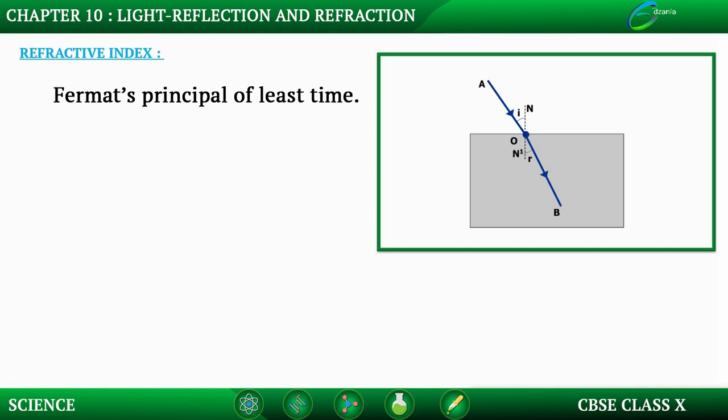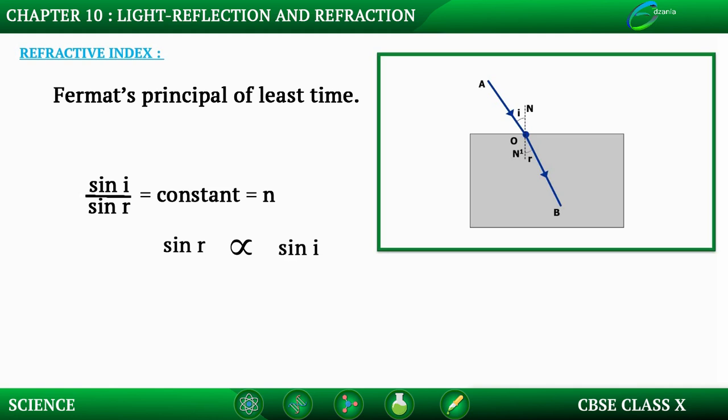Now we will go to refractive index. The first thing we learned in the laws of refraction, which says Snell's law, is that sin i upon sin r is a constant, and that is the refractive index of the material. So we can see Snell's law in a slightly different way. Similarly, we can say sin r is proportional to sin i for two media.